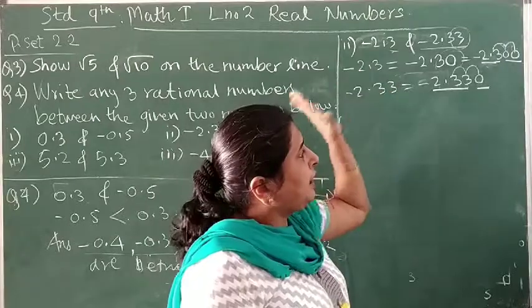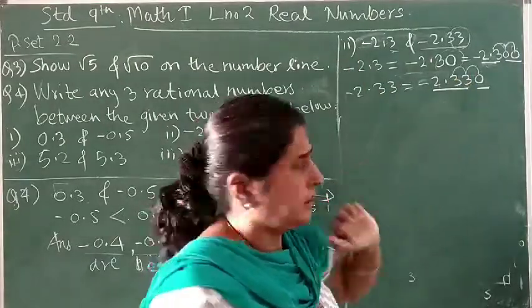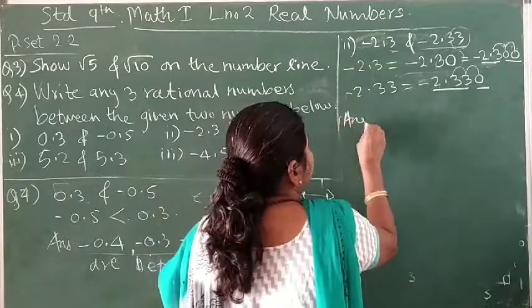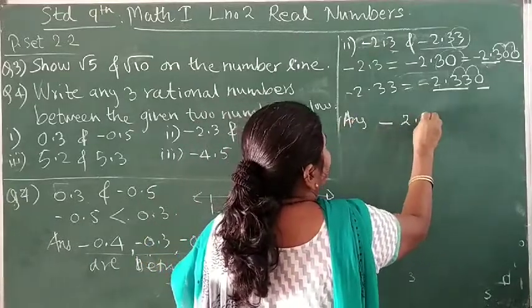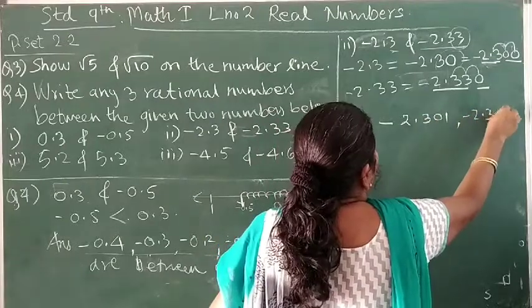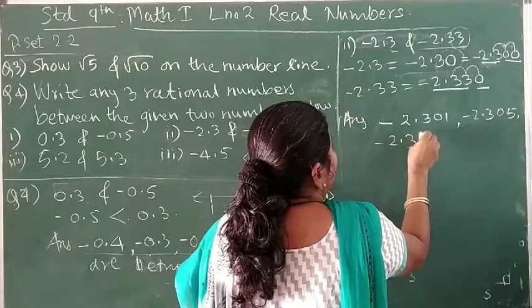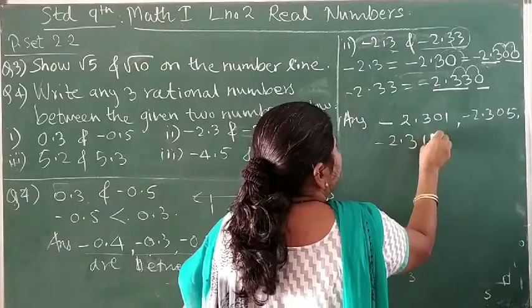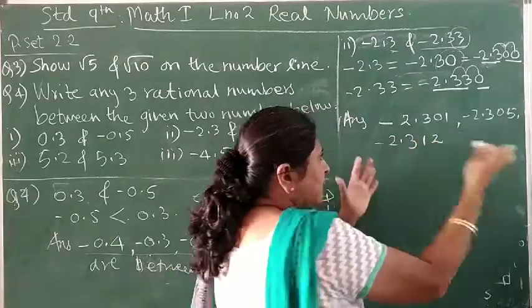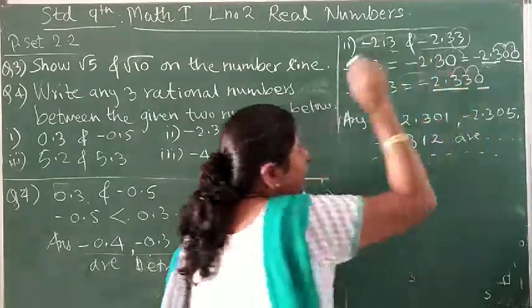So you can write any 3 numbers between 301 to 329. So your answer can be minus 2.301, minus 2.305, like this, minus 2.312, like this. Any 3 rational numbers between the given rational numbers.